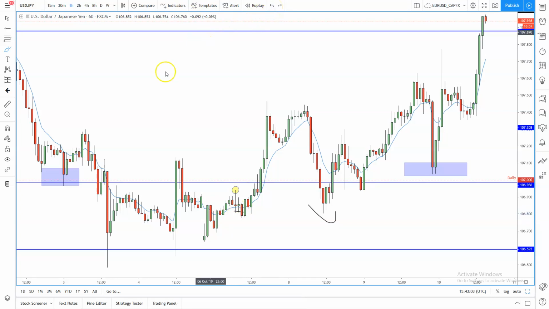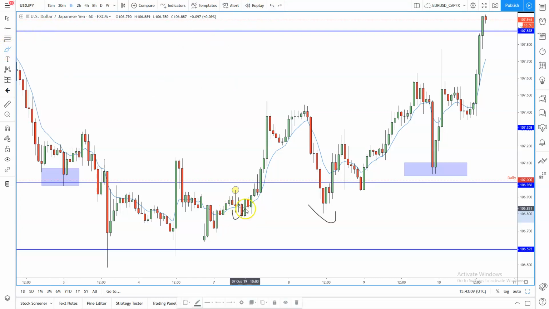We had a tweezer formation here, 1, 2 tweezer formations. So we took our trade at the close of this candle here. That was our reason for taking the trade: head and shoulders, number 1. Secondly, tweezer formation. And then price just went up all the way.